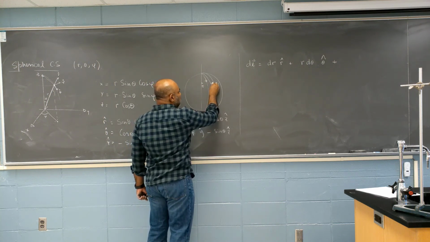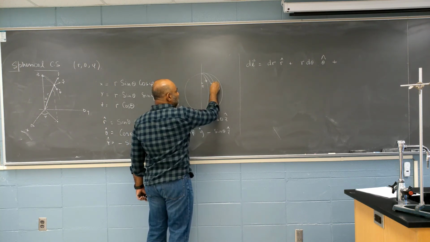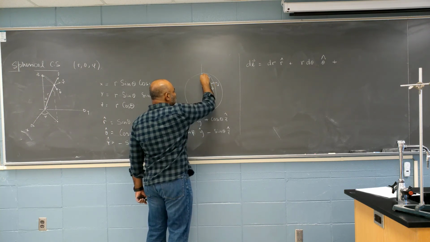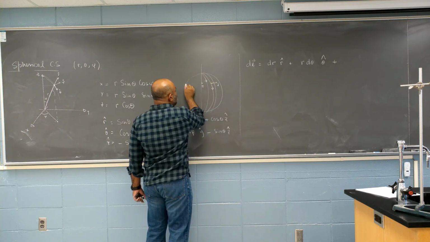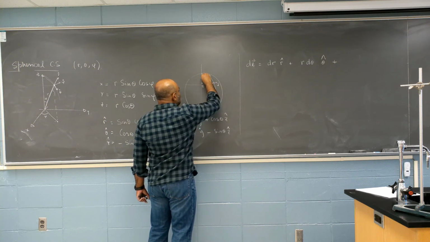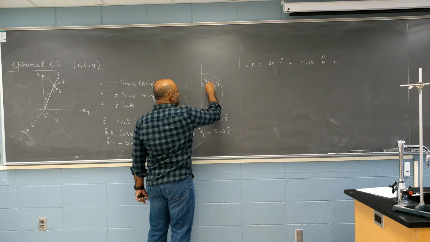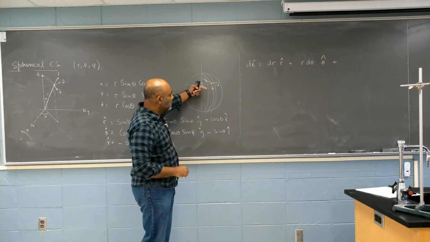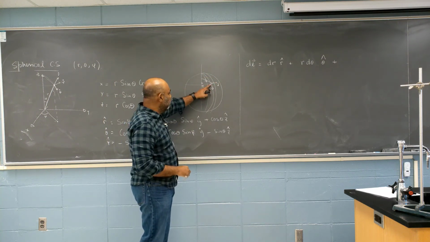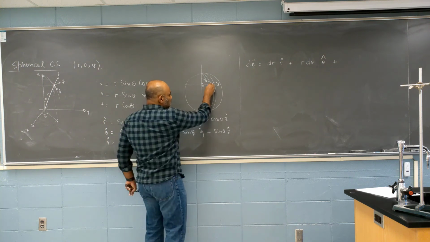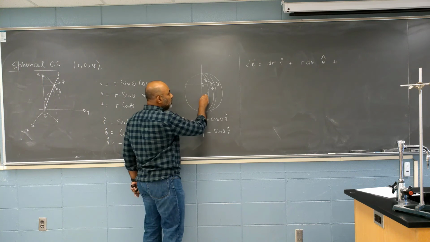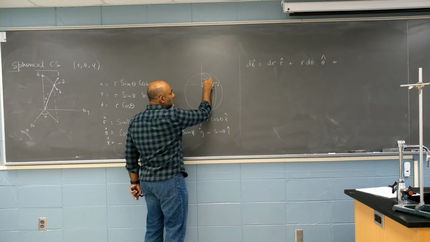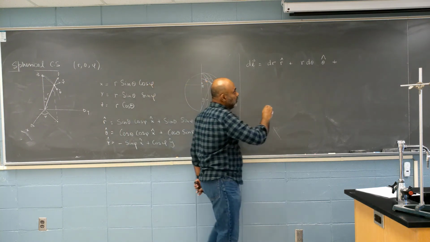Now d phi. Can I use this R or should I be using, should I draw this latitude? And should I use that R? Because it's not this R, right? So this is R, this is theta. So you realize this is sine theta.